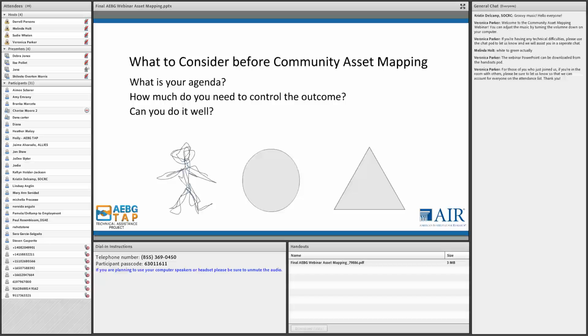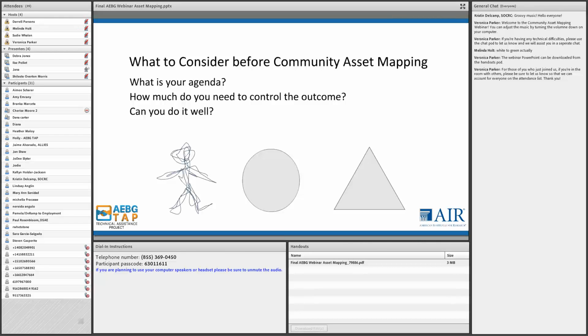So what this all boils down to is that anyone involved in a community asset mapping effort should be very aware of what hat they are wearing. In other words, you might be wearing your citizen hat as a member of the community with a gift or skill you want to contribute. Or you might be wearing your professional hat as a representative of an agency that has performance criteria to satisfy.